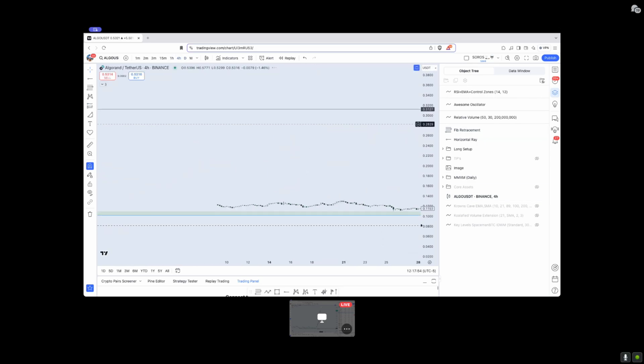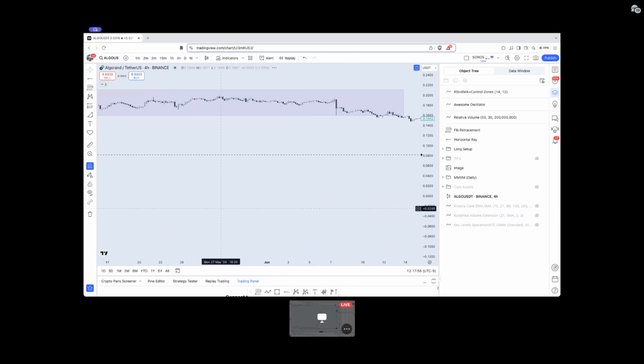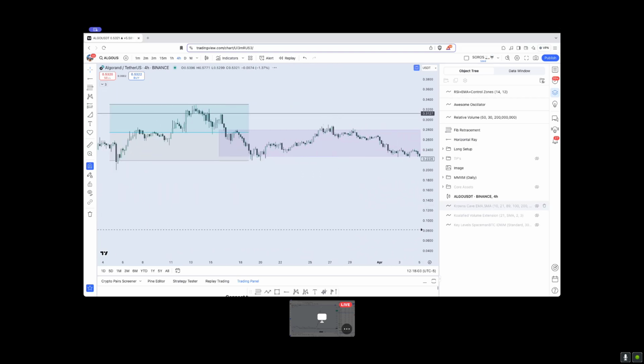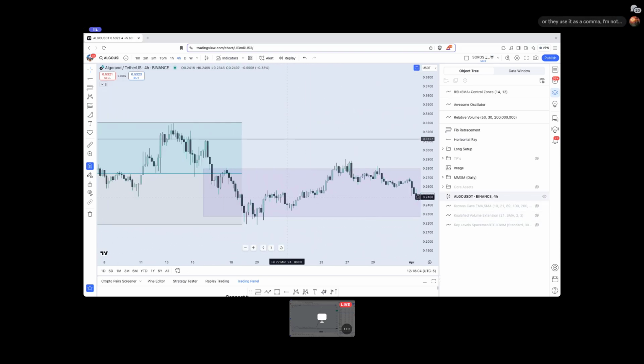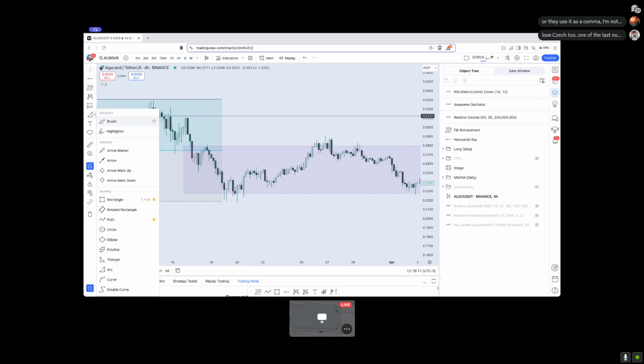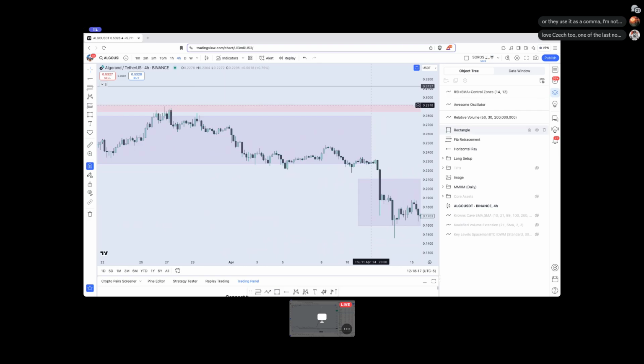It's also a 4-hour imbalance. I could just tell by visually looking at it. But if we go and have a look at it, it's either a 4 or 8-hour. Yeah, here it is. So that's your 4-hour imbalance. And you can see they basically rebalance in premium and then reject immediately, starting the bearish order flow.